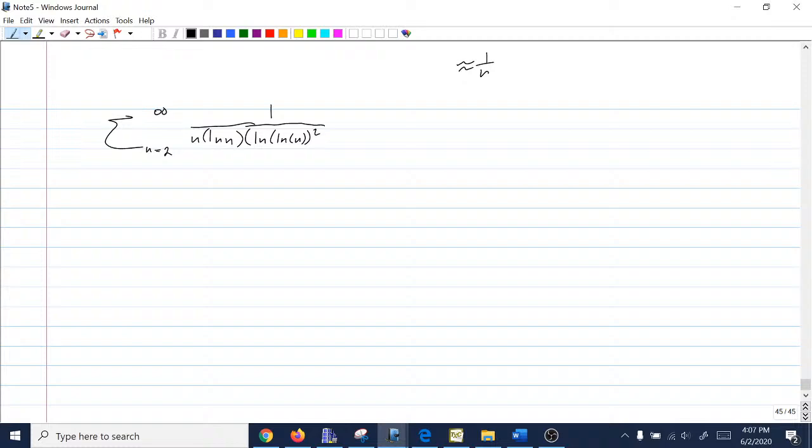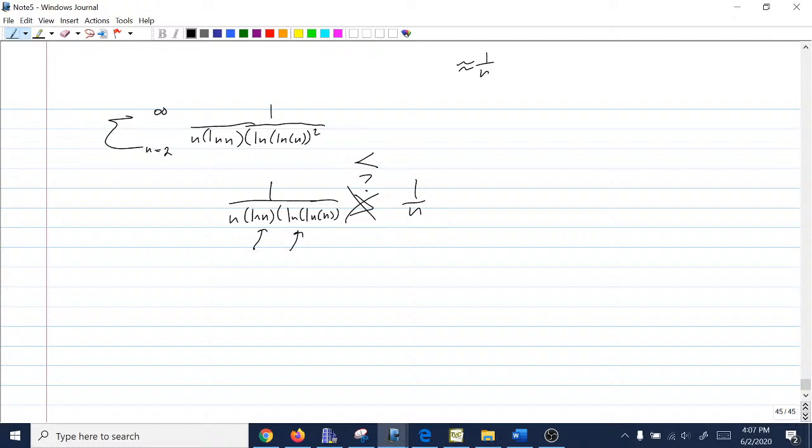To use direct comparison to show it diverges, I would need to show that 1 over n log n, log log n would have to be bigger than 1 over n. Is it bigger than 1 over n? Its denominator, n log n, log log n, is bigger than n. That means the fraction is smaller. Crud. Being smaller than something that diverges to infinity isn't helpful at all. So that's not going to work. I can't use direct comparison with 1 over n.